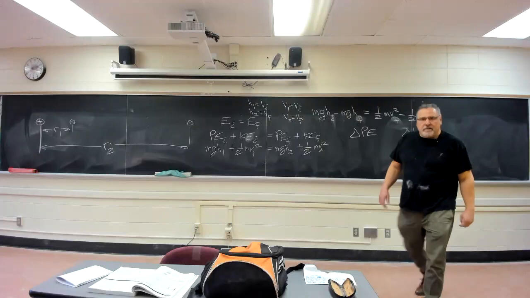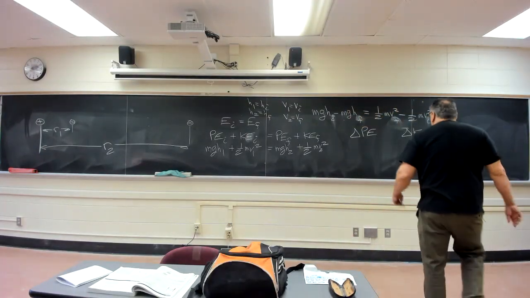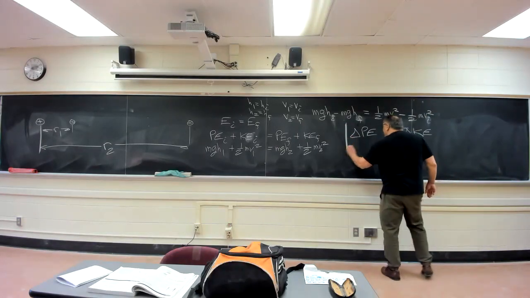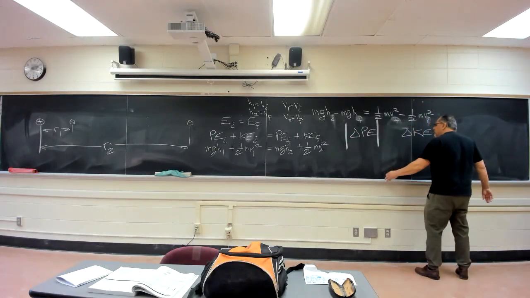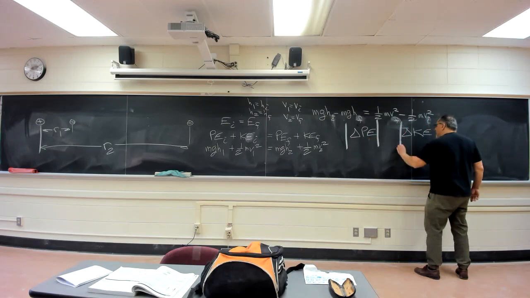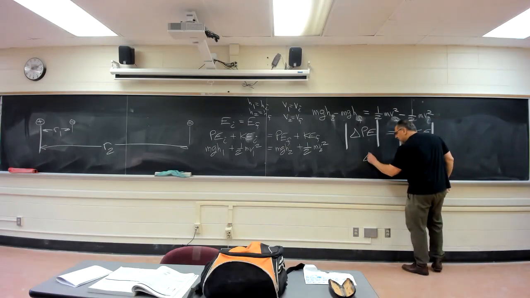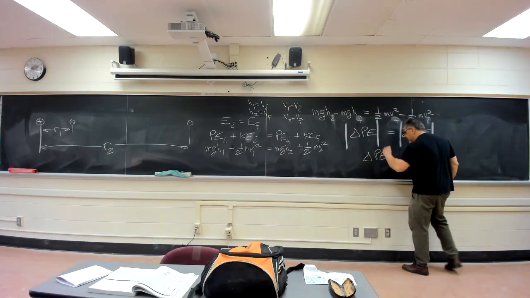Have this in your mind: the absolute value of the change in potential energy and the absolute value of the change in kinetic energy are equal to each other. A lot of times you can just throw these symbols out the window and say, let's get this straight.